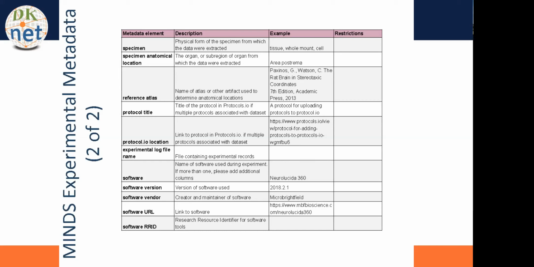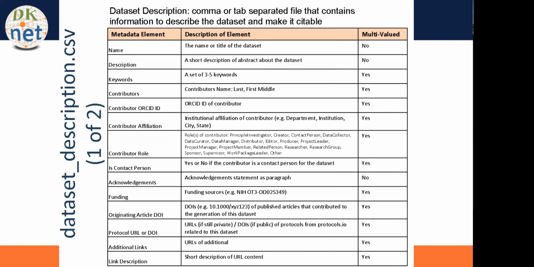So you heard about protocols.io a bit. You'll learn more about that next week, and so you can actually start using the protocols functionality within protocols.io to manage your protocols and link them back into your metadata specifically. And that's something potentially that you could do. When we go back to the data descriptions, there are other types of linkages to outside information for contributors.